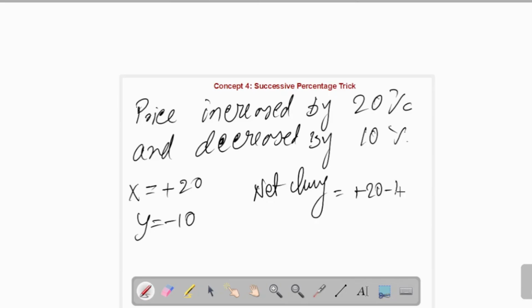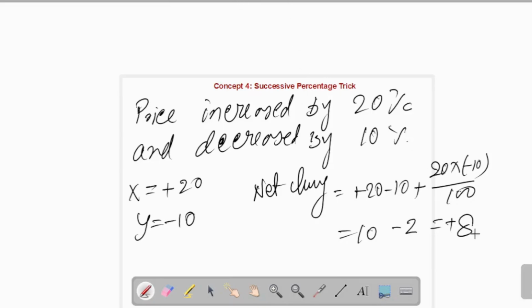Plus 20 minus 10 plus 20 into minus 10 divided by 100. So it is 10, then it is minus 2. So it is coming plus 8. So that means there is a positive change, an increase of 8%. So if the final value you have received, then increase it by 8%, you get the net value. That's it.